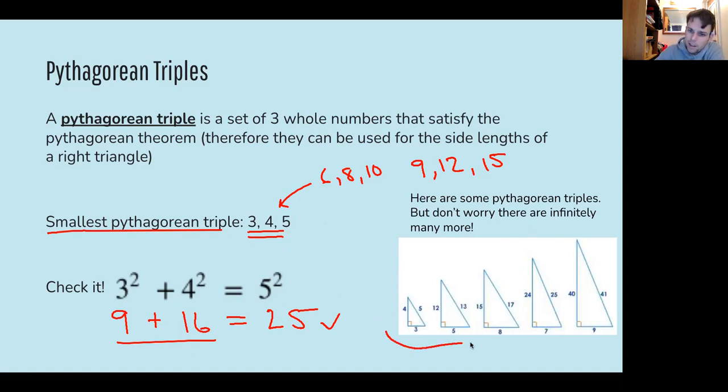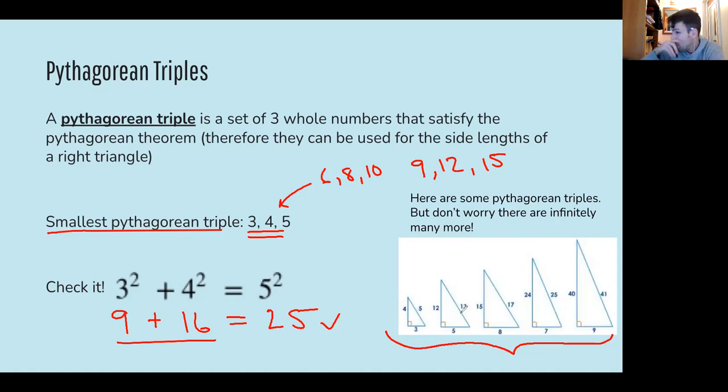And then we have these other ones. These are all what are called relatively prime Pythagorean triples, meaning none of these later ones are just a multiple of 3, 4, 5, and none of these later ones are a multiple of 5, 12, 13, and so on. They're their own unique Pythagorean triple. So 3, 4, 5; 5, 12, 13; 8, 15, 17; 7, 24, 25; 9, 40, 41.